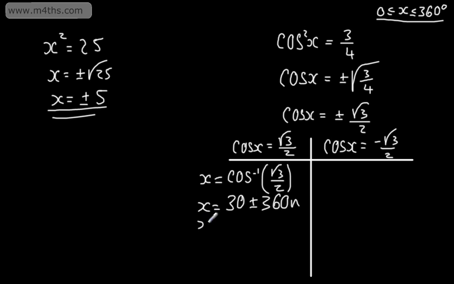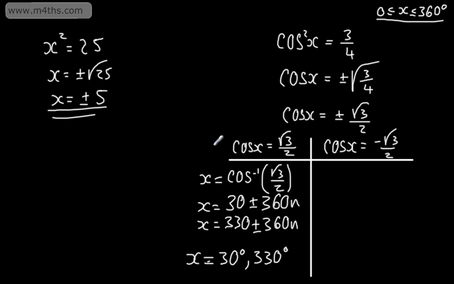And by symmetry, it will be 30 back now from 360, which is 330 plus or minus multiples of 360. We're interested in this now from 0 to 360, so we can say that x is going to be equal to 30 degrees, and we're going to have 330 degrees.